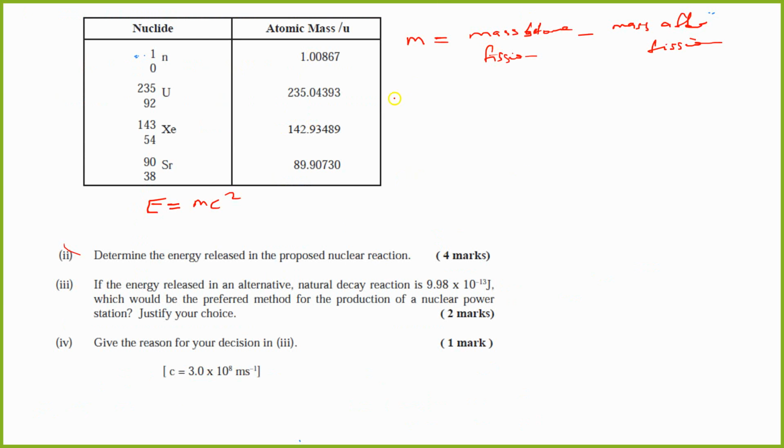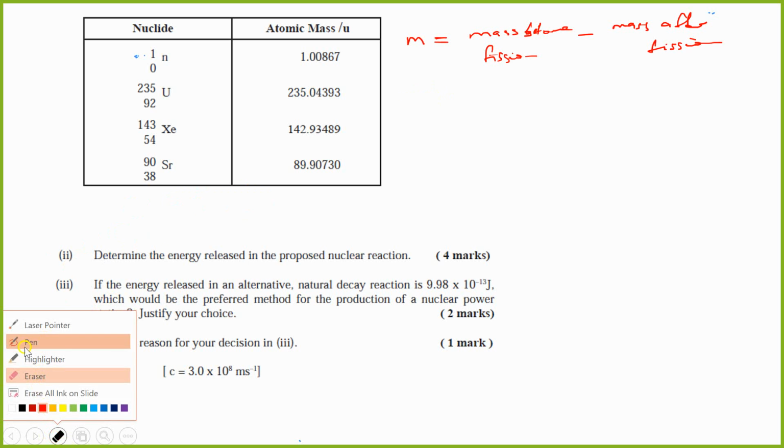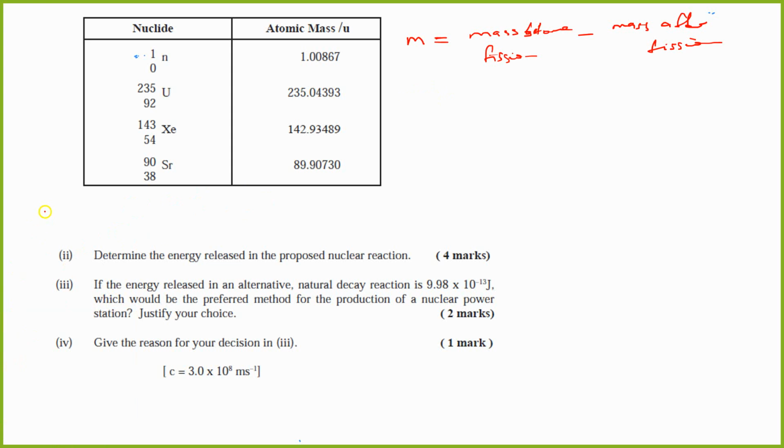So the mass before the fission experiment is going to be, let me work that out separately because if we're not careful, it can be confusing. So the mass before would incorporate one neutron plus one uranium, right?